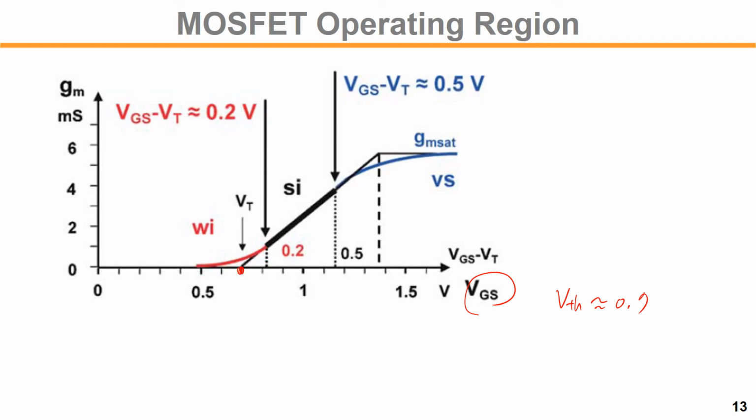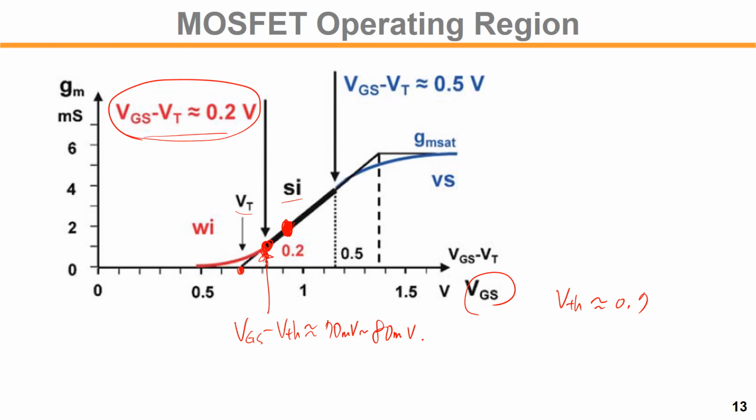The boundary between weak and strong inversion is around VGS minus VTH of 70 to 80 millivolts. In this case, if we want to design, we would design for an overdrive voltage around 0.2, so that it is well inside the strong inversion.